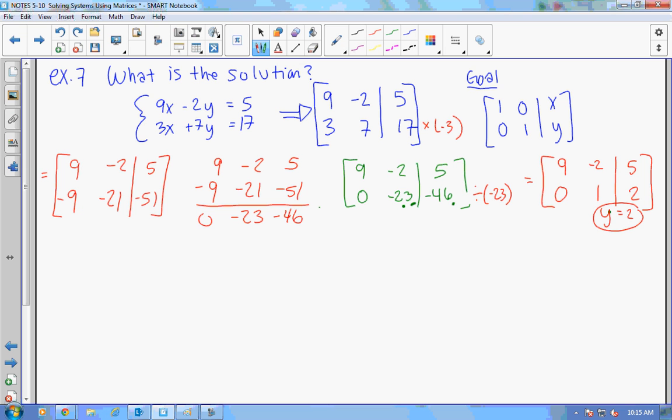Now our goal is to get the top row, so that's 1 and 0 in the first two columns. Any ideas how to get it in 1 and 0? Add 2 to everything. Why do you want to add 2 to everything? I would work at getting the 1 first, before you focus on the zeros. The 1s are the tricky ones.